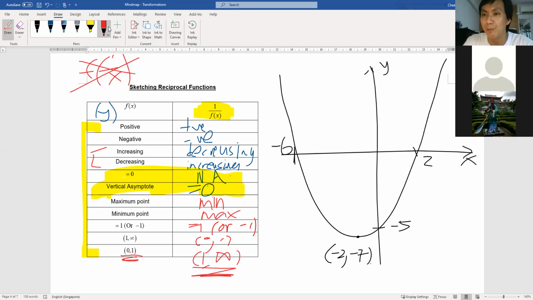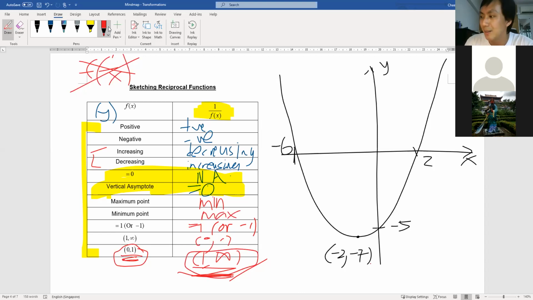You take the reciprocal, it will become 2. Is 2 inside this interval? Yes, it is. That's what I'm trying to say. Any y value that was between 0 and 1, if you take the reciprocal, it will become between 1 and infinity.